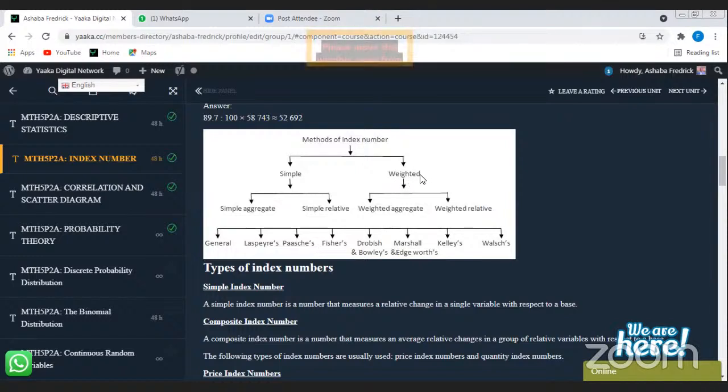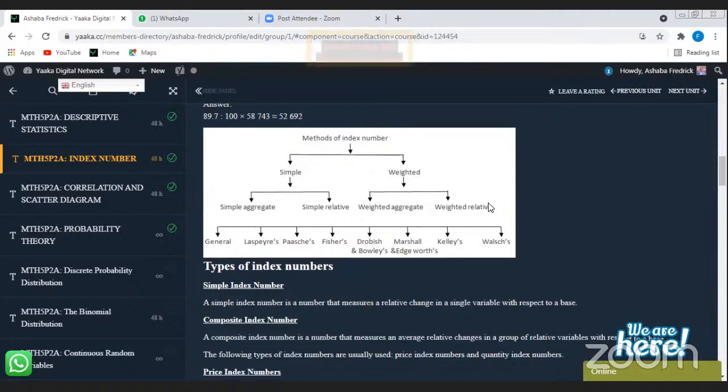Then for weighted, we calculate weighted aggregate or weighted relative. So somehow the words like simple aggregate price index might come in, simple average may come in, but those ones should not scare us very much.